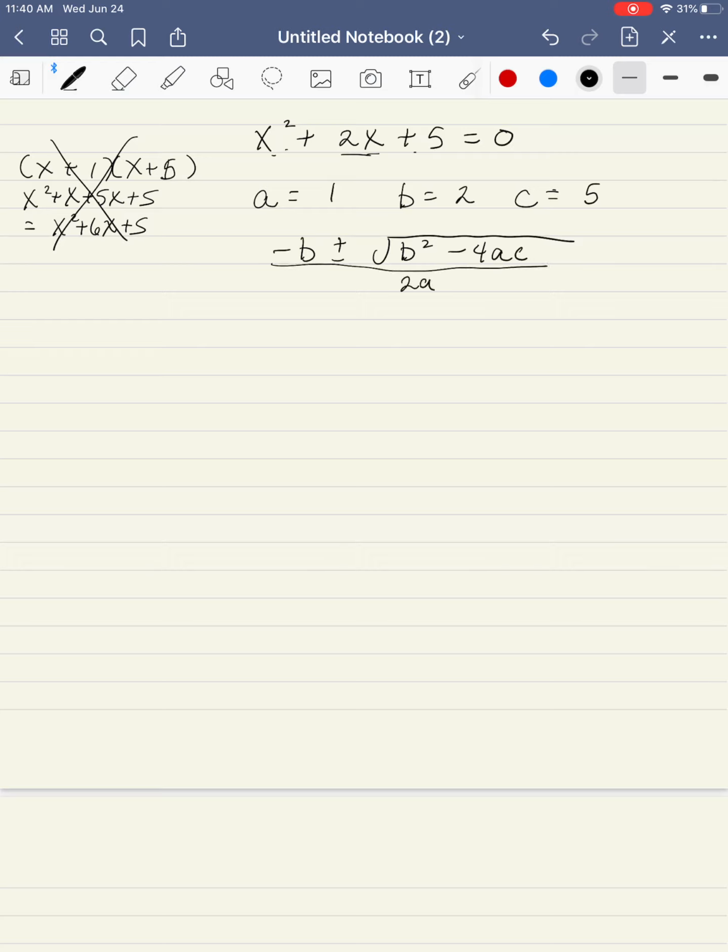The quadratic formula from memory: negative B plus or minus the square root of B squared minus 4 times A times C, all over 2 times A. So I have negative 2 plus or minus the square root of 2 squared minus 4 times 1 times 5, all over 2 times 1.